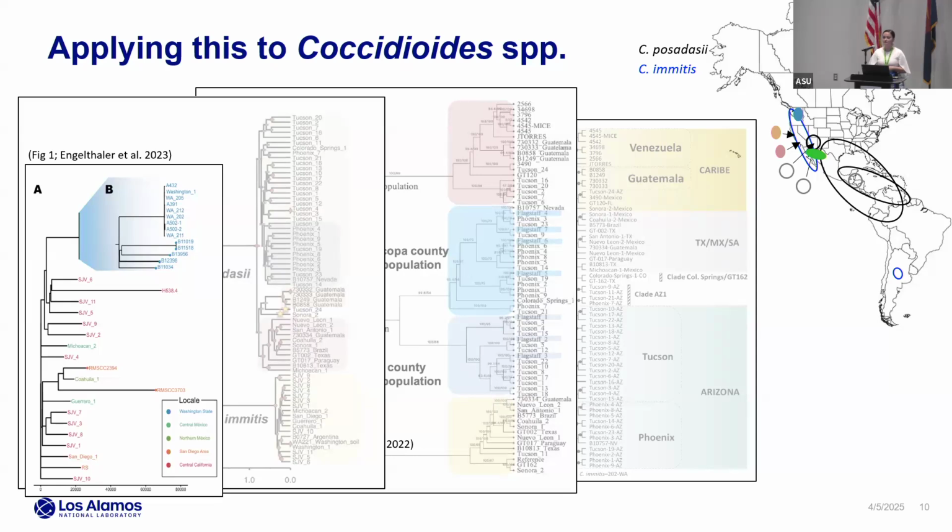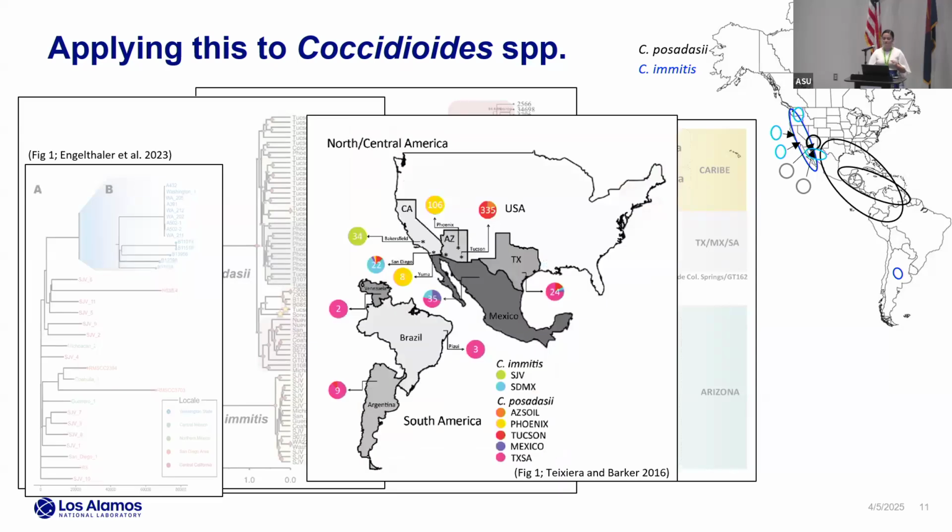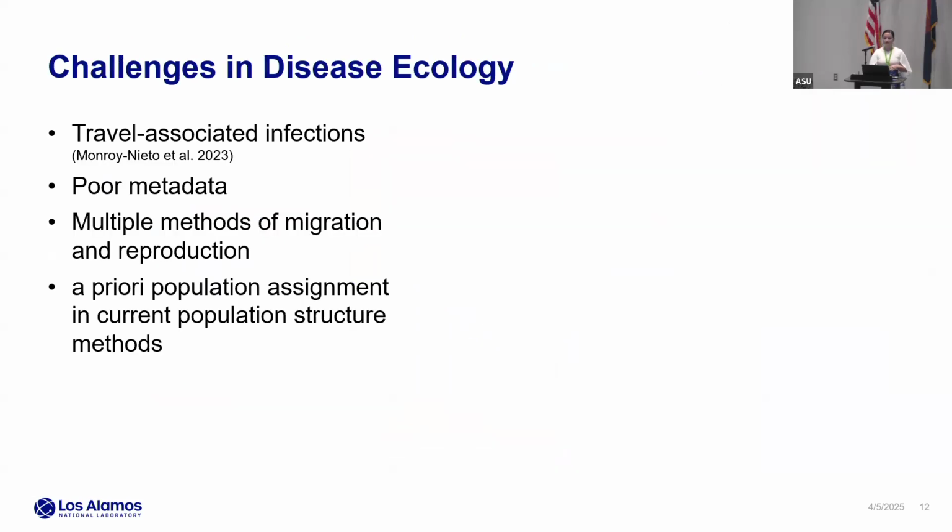But the challenge of working with whole genome sequence data in Coccidioides is that the majority of the data publicly available is clinical data. The good news is previous researchers have linked environmental isolates to those clinical isolates, which anchors those genotypes in geographic space. Other challenges we face in disease ecology are that some clinical isolates are travel associated, where they are reported outside of their endemic region, and sometimes there is very poor metadata associated with them.